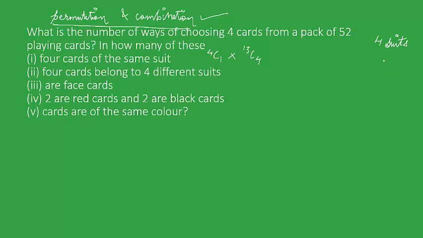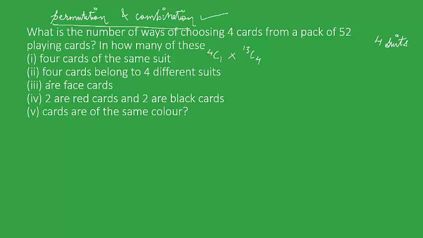So we have in all 13 cards. So the answer to the first question is: first we have to choose the suit, then we have to choose 4 cards from that particular suit. So the answer is 4C1 into 13C4.